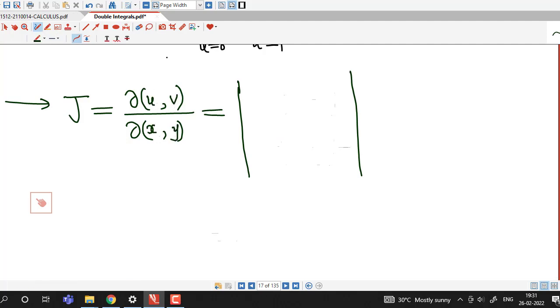So I first find out this, and this Jacobian we denote by j dash. So here first del u by del x, del u by del y, del v by del x, del v by del y.